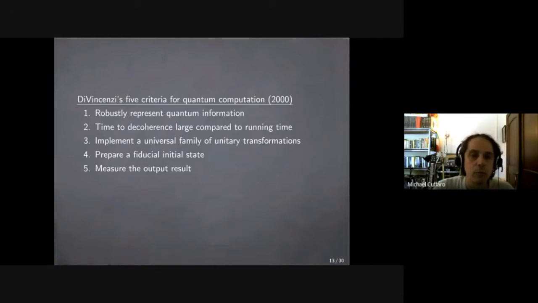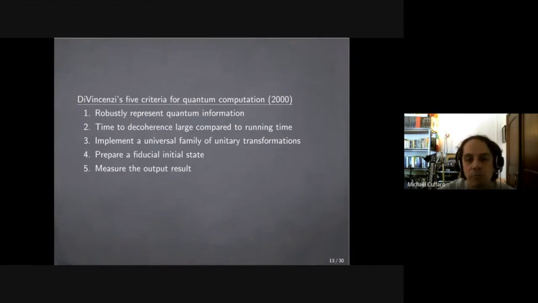So we would like it to robustly represent quantum information. So we want it to be able to manipulate qubits, essentially. And the other thing is, we'll see this a bit more tomorrow. What a quantum computation generally does, perhaps not in all cases, but it seems like possibly in all cases, is entangle its qubits, right?